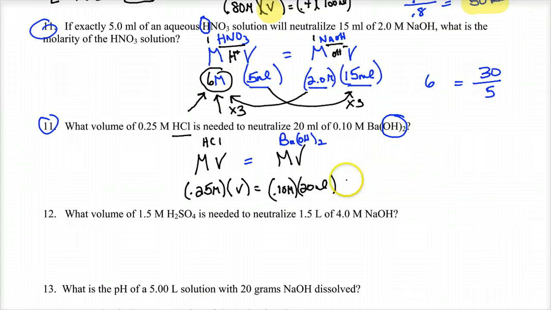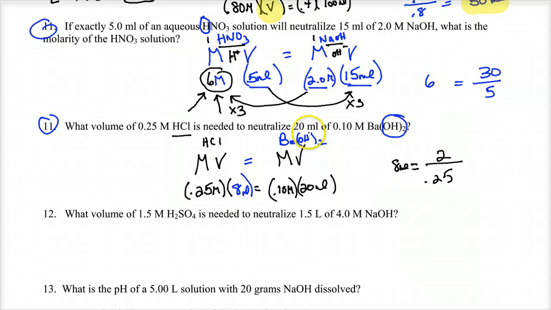Solve for V, so 20 times 0.1, a tenth, so you get 2, over 0.25. This gives us 8 milliliters. Now, that was assuming this was 1-to-1. So our answer is 8 if we assumed this was 1-to-1.